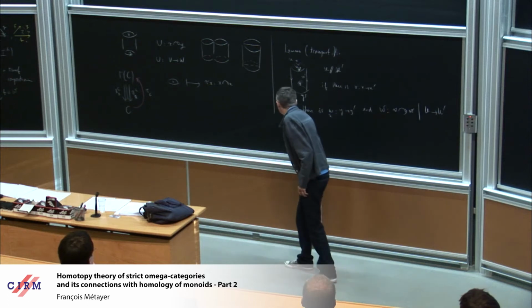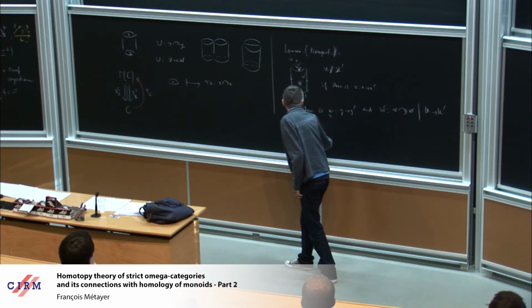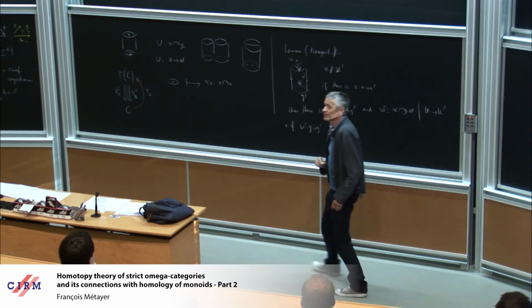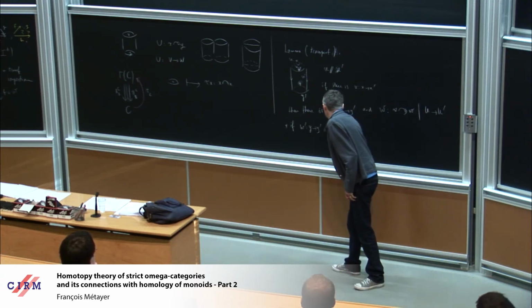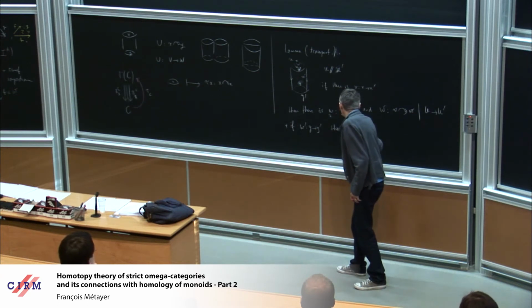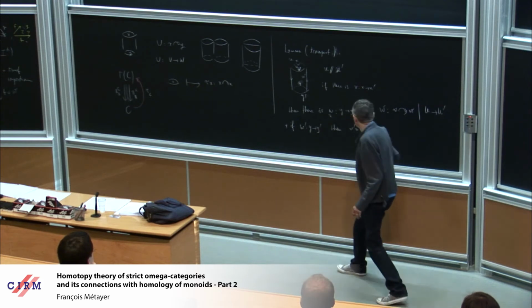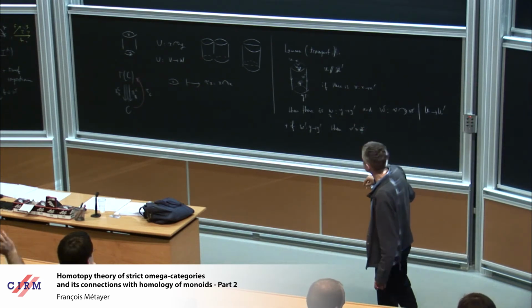If there is another w prime that goes from Y to Y prime, then in that case, this w prime necessarily is omega equivalent to this w.